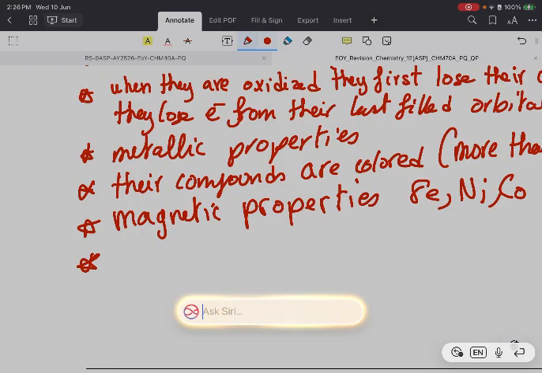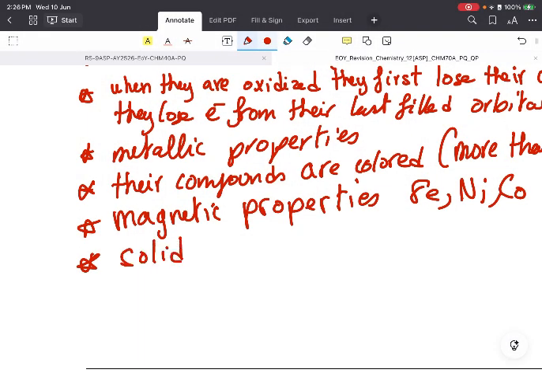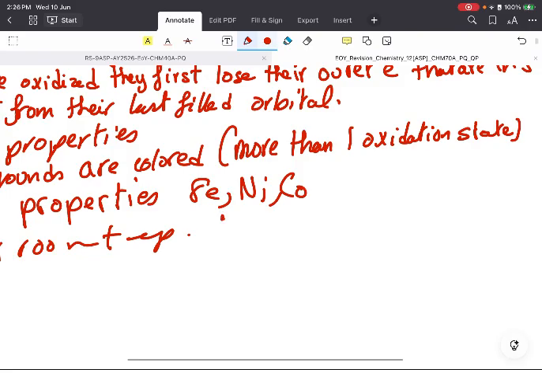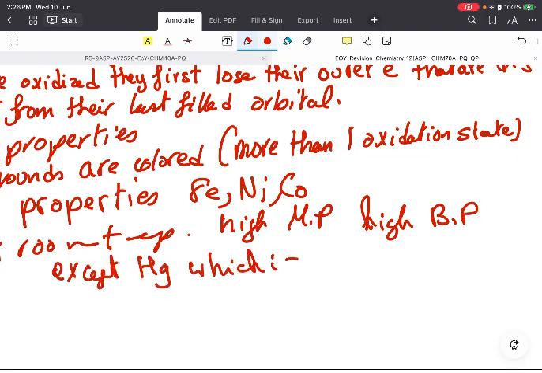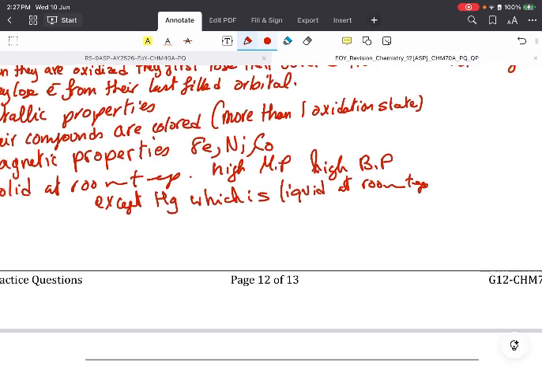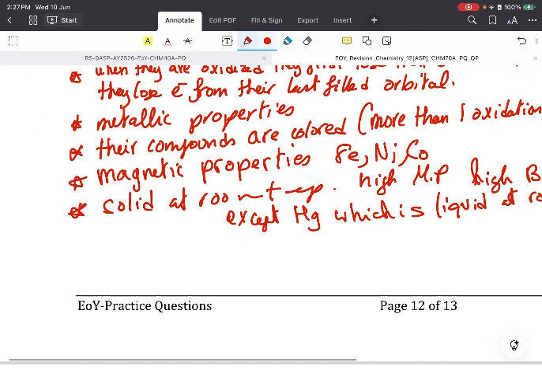Transition metals are solid at room temperature, which means they have high melting and boiling points, except mercury, which is liquid at room temperature. They are very hard, though some are not. Some are more malleable than others.